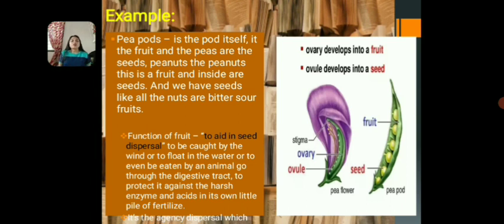It's the agency of dispersal, which helps the plant survive. So seeds have the advantage of allowing plants to move into a broader range of environments, and flowers and fruits have evolved to aid in the reproduction of plants and to spread the seed.